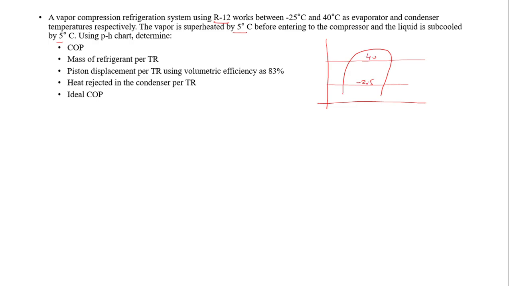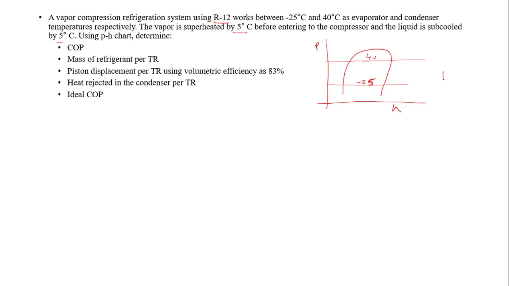Fine. So what they have given: point number 1, ideally for a standard VCR, will be on the saturation curve. However, they have given superheating of vapor by 5 degrees. So if the evaporator temperature is -25 and I have superheating of 5 degrees, the temperature at the exit of the evaporator will be -25 plus 5.